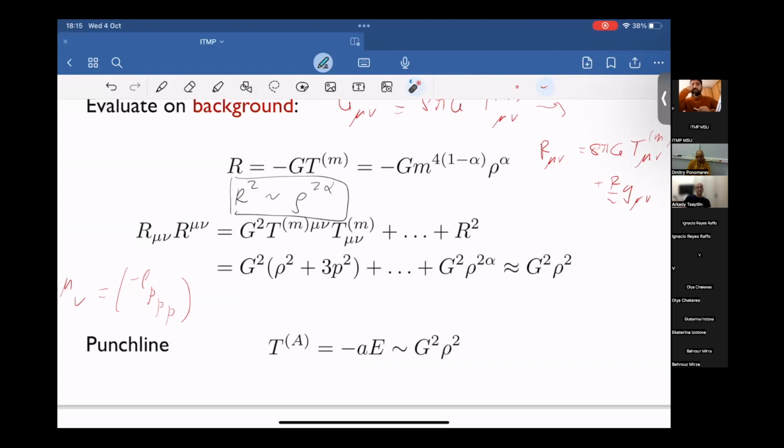So in principle, you can try to see whether similar effects can happen. I'm just saying there were papers, I think, but I don't remember details, but Antoniadis, Mazur, they studied the effect of conformal anomaly in cosmology.